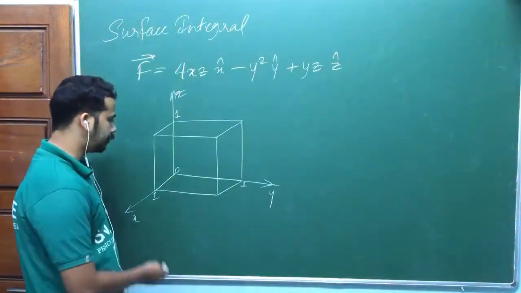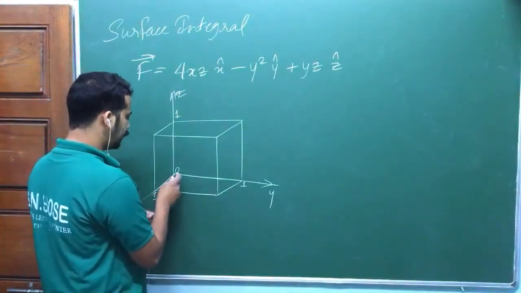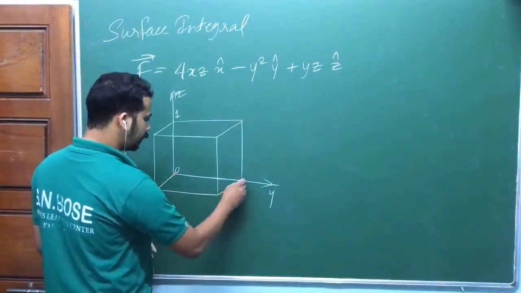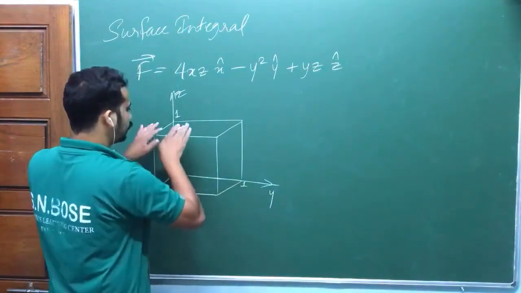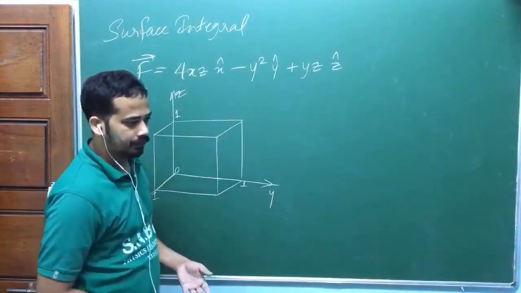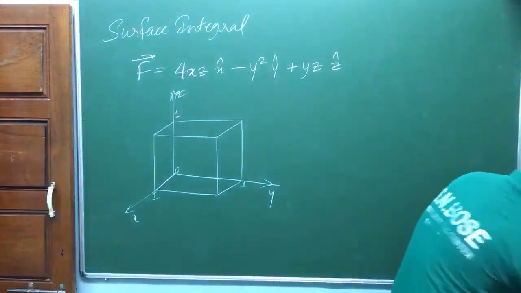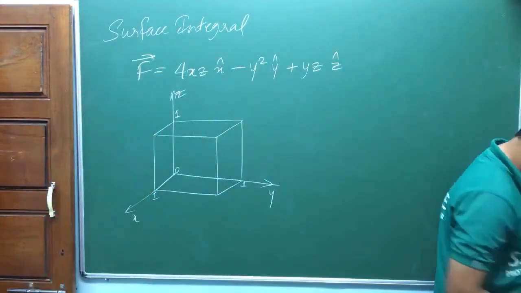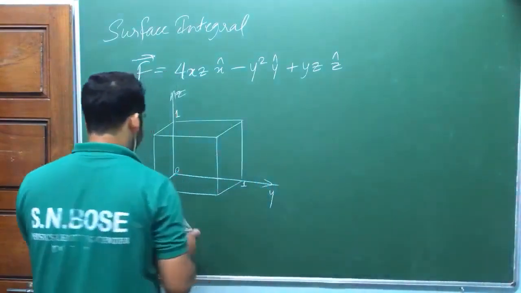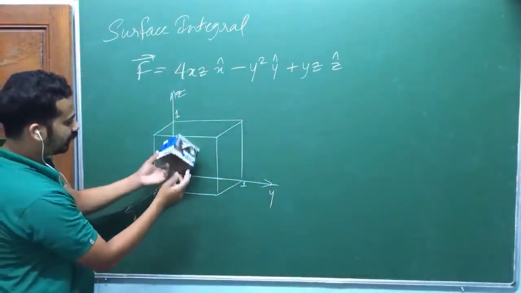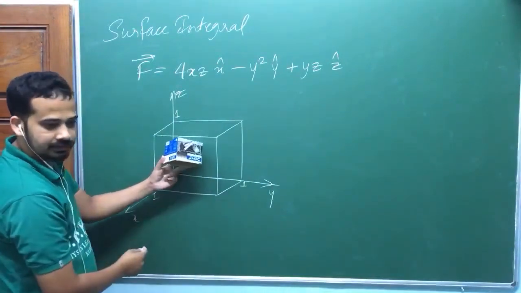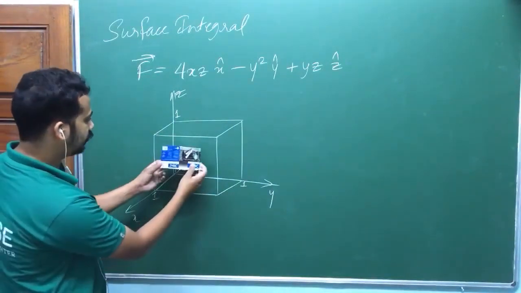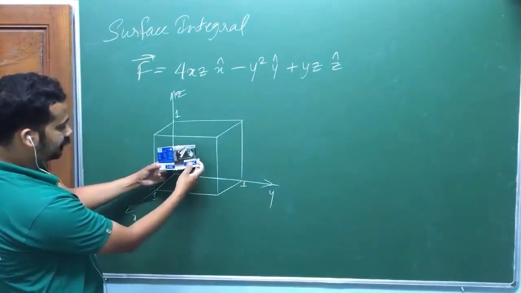So there is a Griffiths problem where what he has taken is open below here. So this is a boundary. It is open below. It is closed above. Can you imagine it like this?